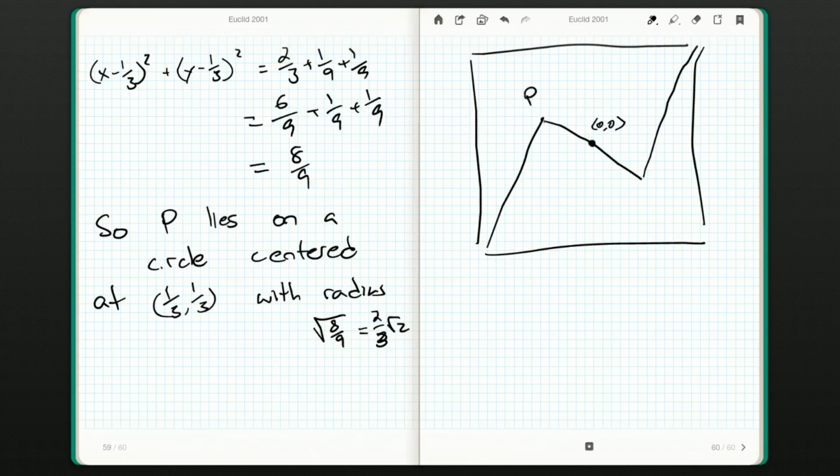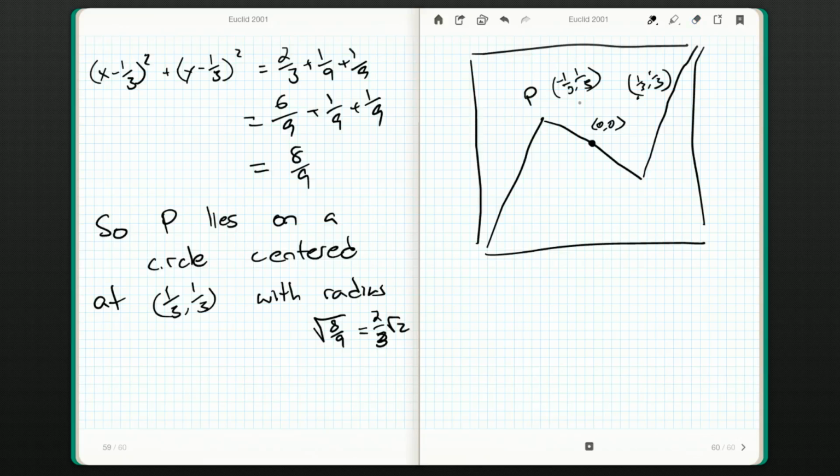So P should definitely almost always be to the left. At least that's the way the picture makes it look. Whereas the center of our circle is sort of right here, 1/3, 1/3. I would rather it be something like 1/3, negative 1/3. That would at least make more sense to me.